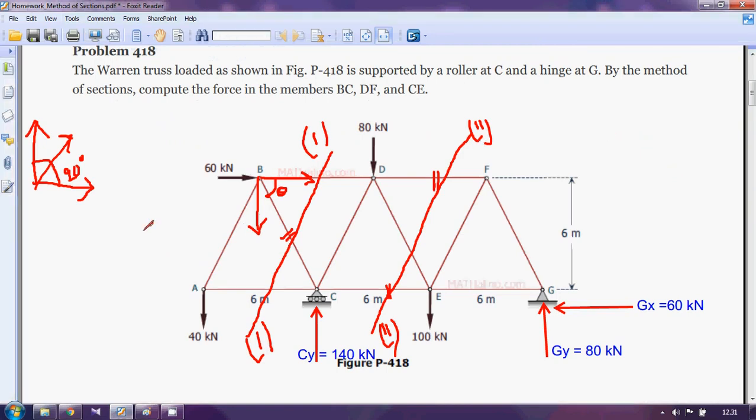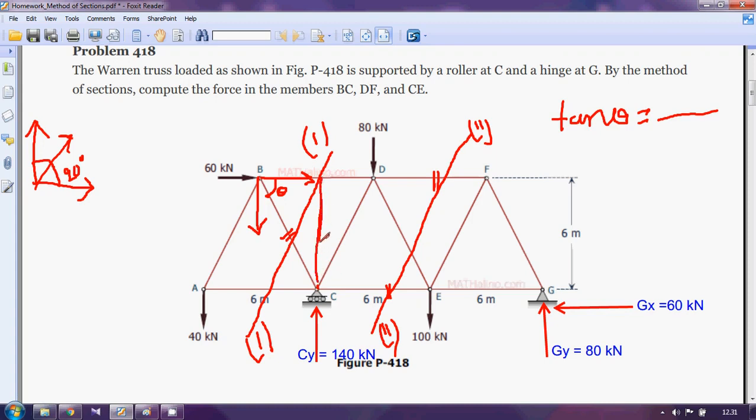Another thing is that you need this angle theta. So what will be the angle theta? Take tan theta. Tan theta equals the height over the base. I will take this angle, right? Because you need a right angle triangle.